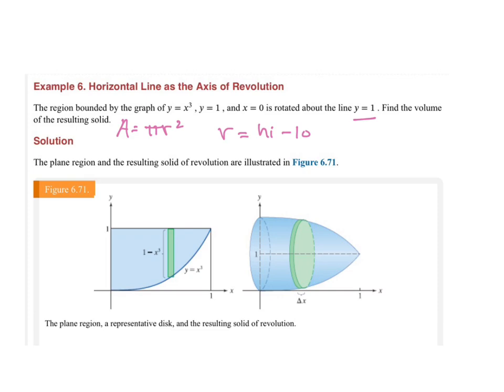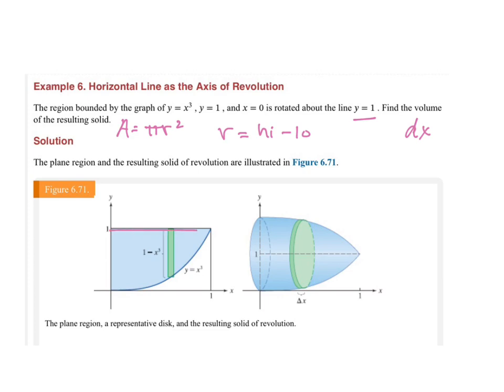Since we're in x still here, how do I know I'm in x? Because y equals 1 is parallel to the x-axis. That means I'm still in dx. Okay, so my volume, I will still be in dx. If that's the case, then my radius is found by doing high minus low. High minus low. Okay, so what's high here?